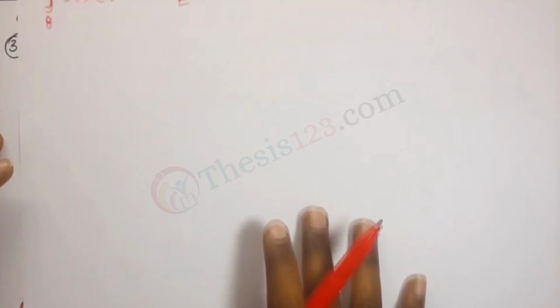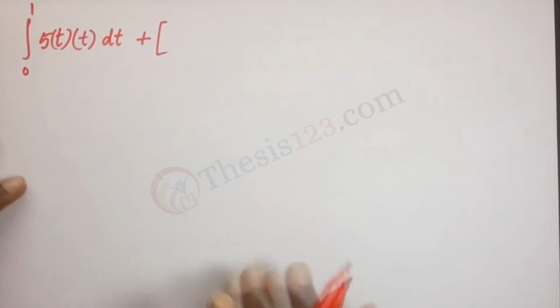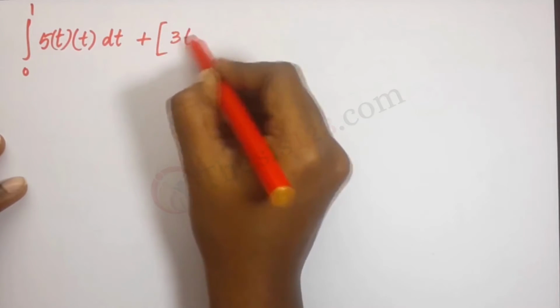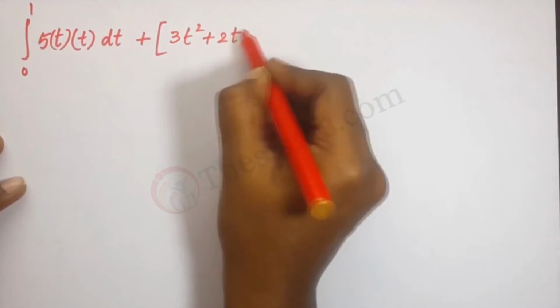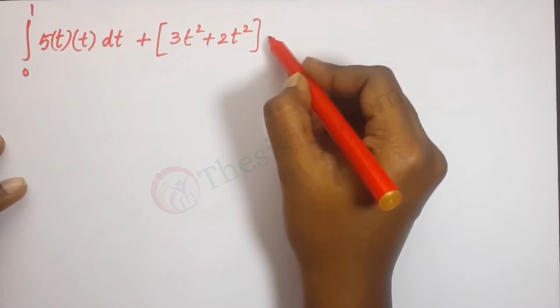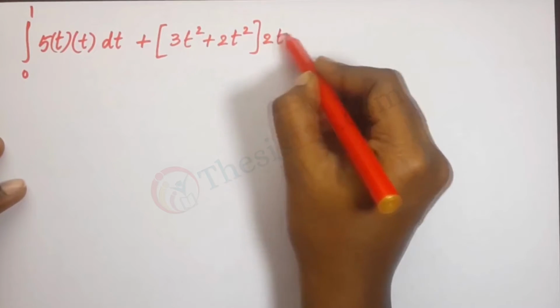So this is t square and y is t square as well: 3t square plus 2t square and dy. So dy is 2t dt.